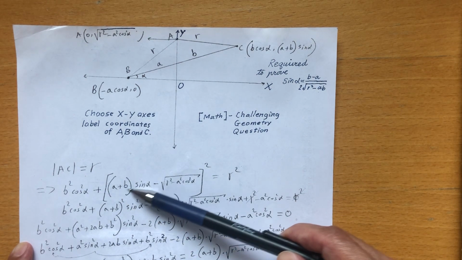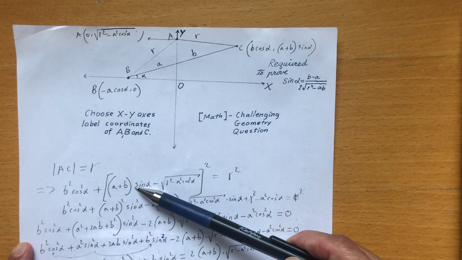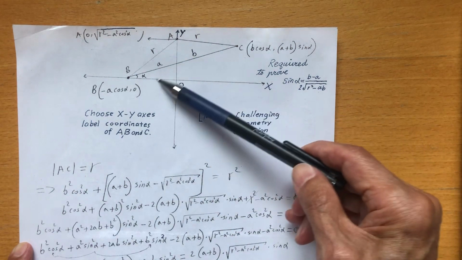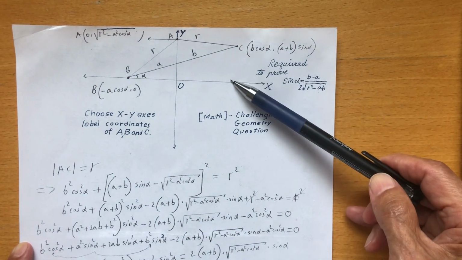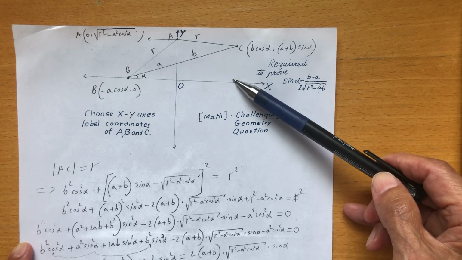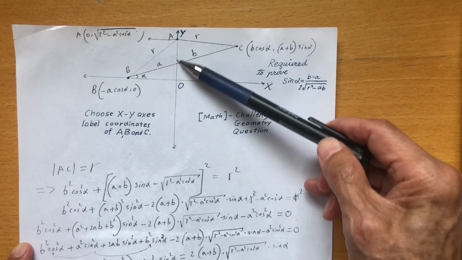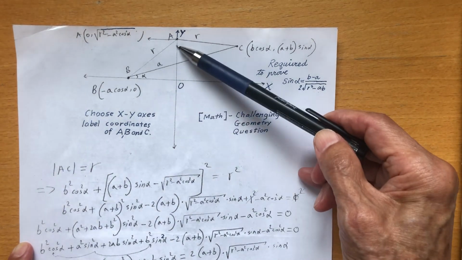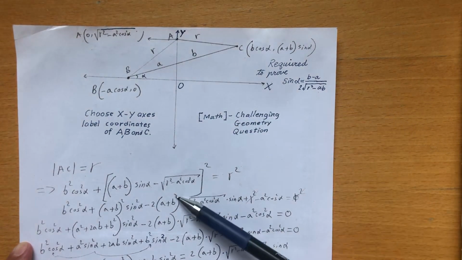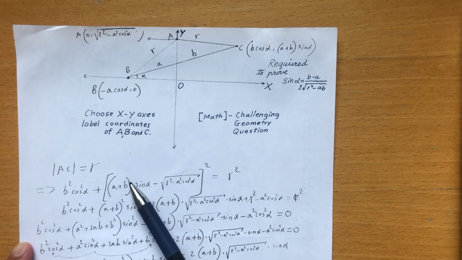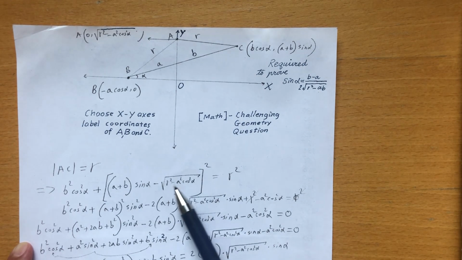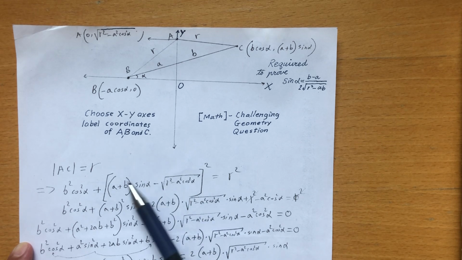He wrote down A plus B sine alpha. A plus B sine alpha is this side. So this side minus this side should equal the negative of this side. Actually, this person shouldn't write it this way. It should be this minus this.